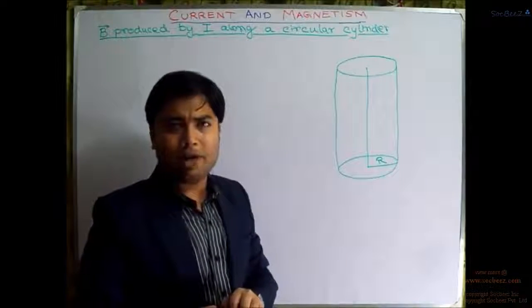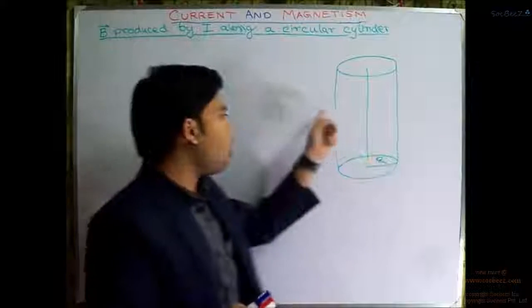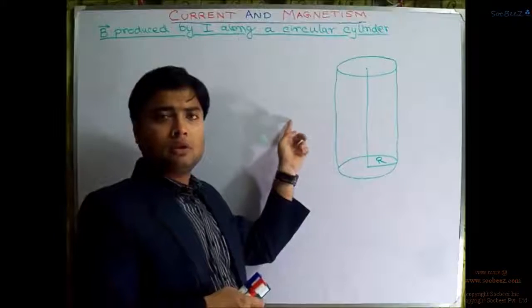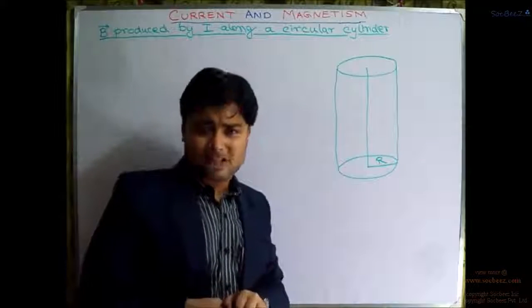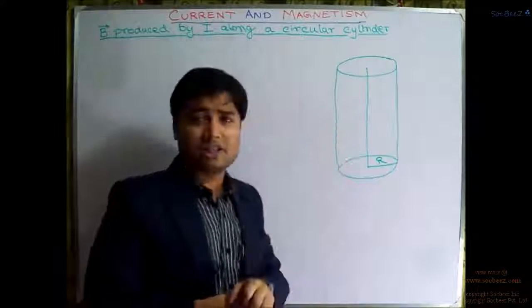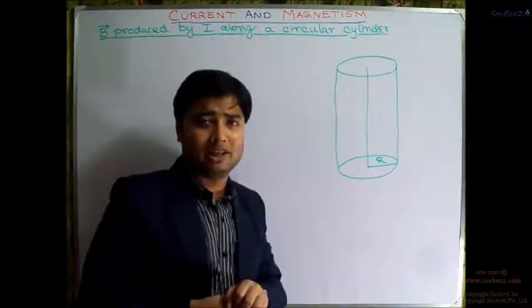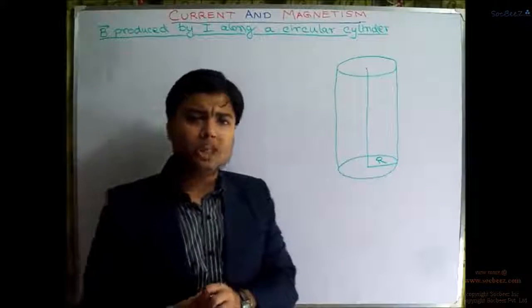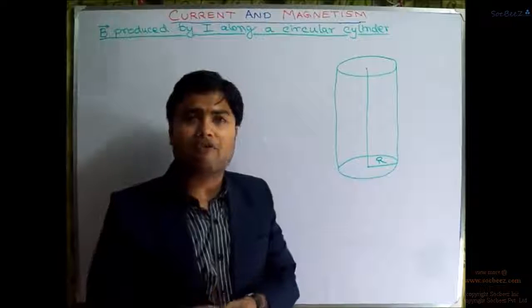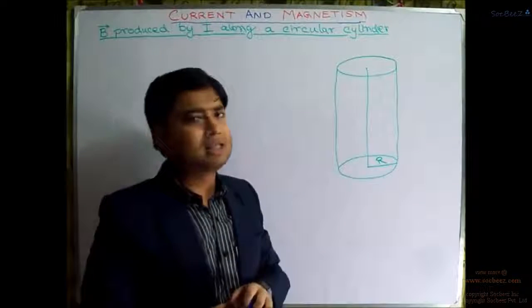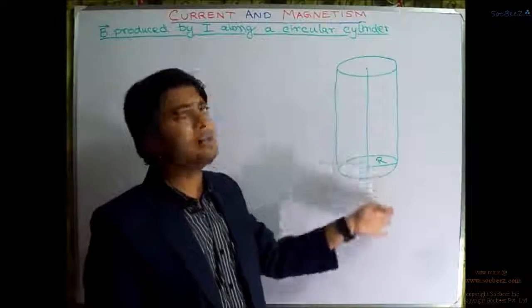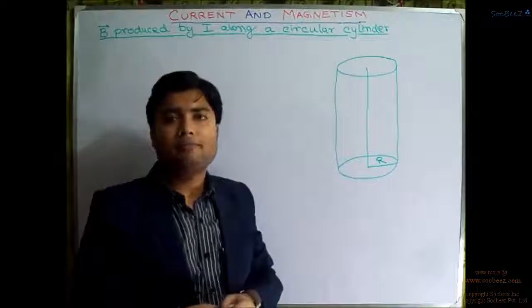For example, if we are looking at a point over here, then how will we actually treat it? Say for example, you are seeing the circular cylinder right from over there. But if you wish to see this circular cylinder from a very, very long distance, you will just simply see it as a straight wire.